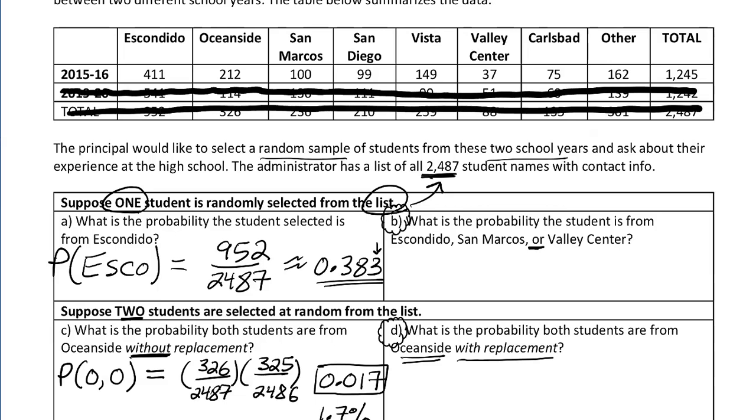Now we basically have a one-way table, and we'd like to know, given they're from this group, there are this many students, 1245, what's the probability that they're from Valley Center? That would be 37. So the answer is 37 out of 1245.